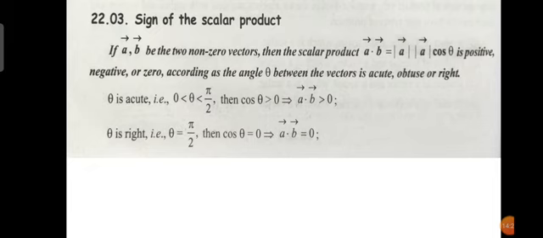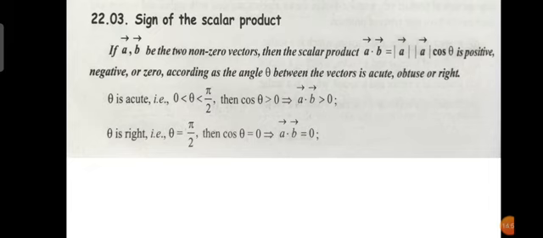If theta is acute, less than 90 degrees, the scalar product is positive. If theta is a right angle, it is equal to 0. And when theta is obtuse, the scalar product is less than 0.